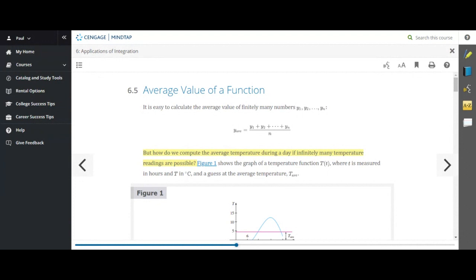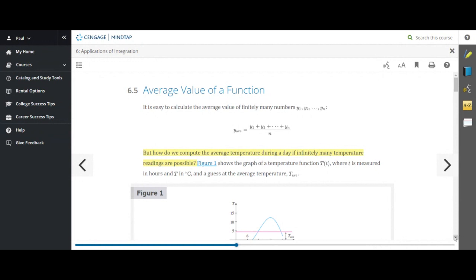If we want to find the average value of the function based on sampling some y values, we can do that. But you see the highlighted question there: how could we compute the average temperature during the day if infinitely many temperature readings are possible? So what if we had a function that models temperature, where we could take basically infinitely many temperature readings?